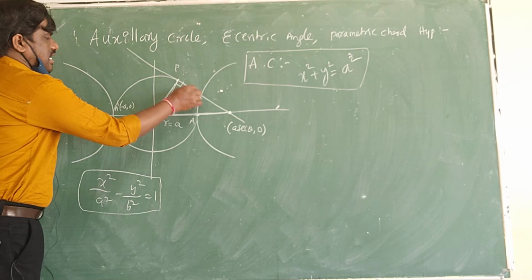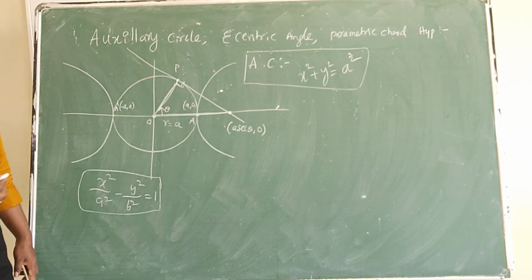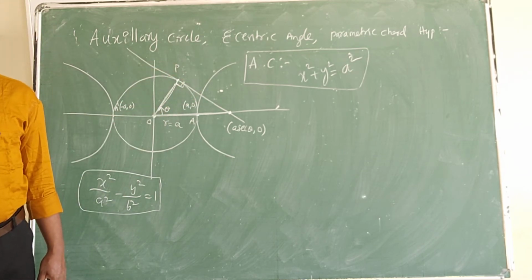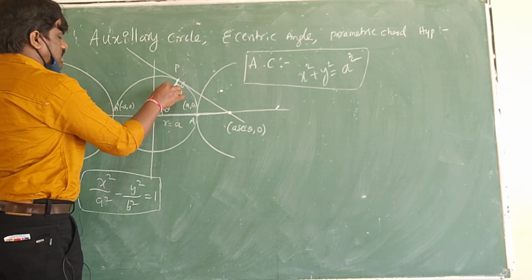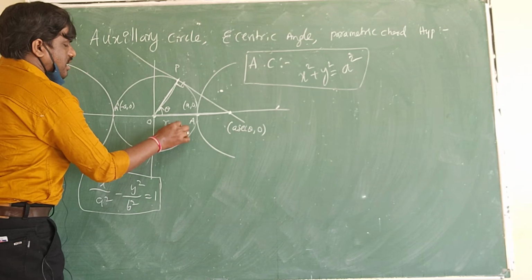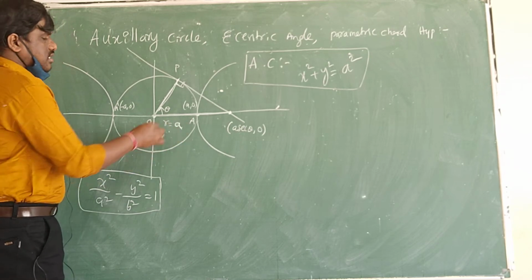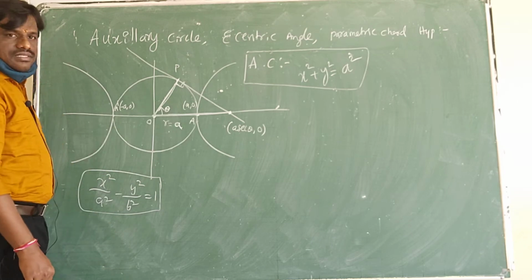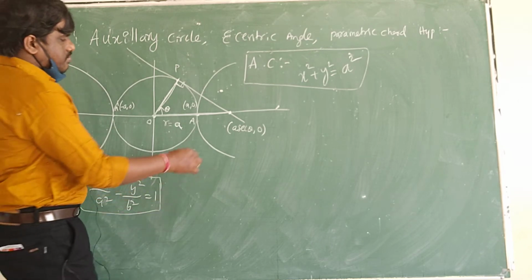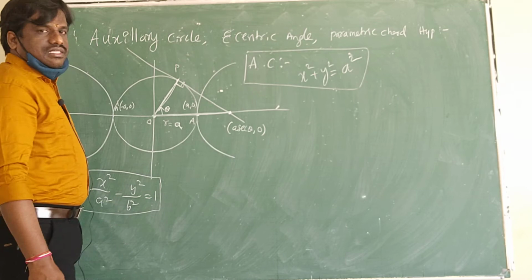You know this is a right angle triangle, so you can use the cos theta, sec theta formula. If you use the sec theta formula, you will get the answer. So this is a, this is a, this is theta. So this point is a sec theta comma 0.